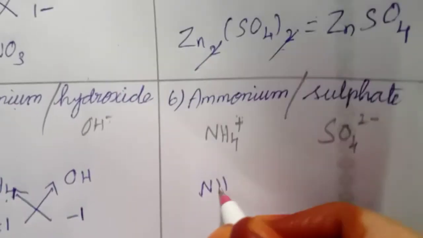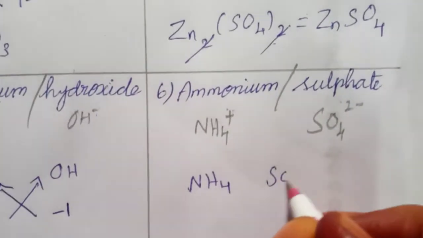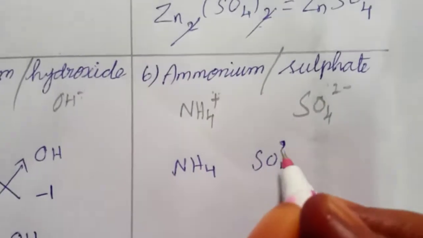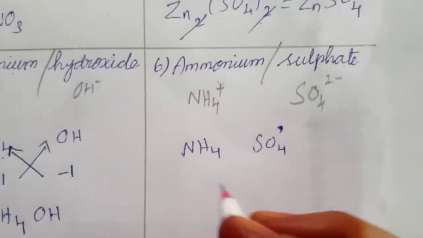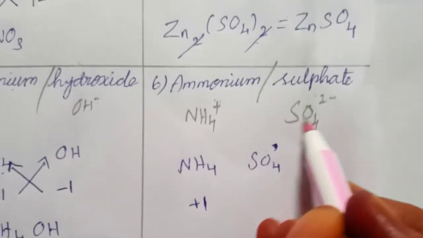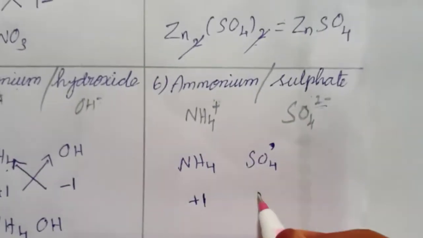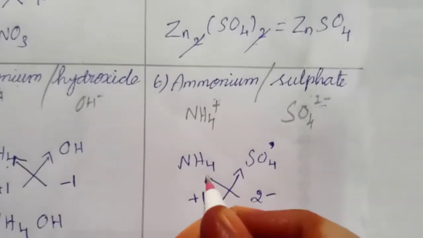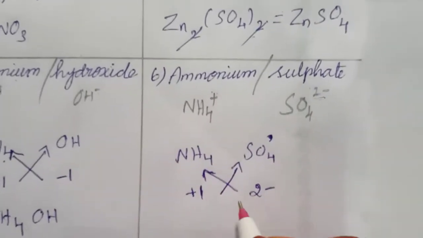Then we have to follow the 4 steps. First one, write the symbol NH4 and SO4, and next second step is to write the charge or valency. Here we denote the charge, plus 1. What is the charge? 2 minus. And next step, interchanging. Both are polyatomic ions.